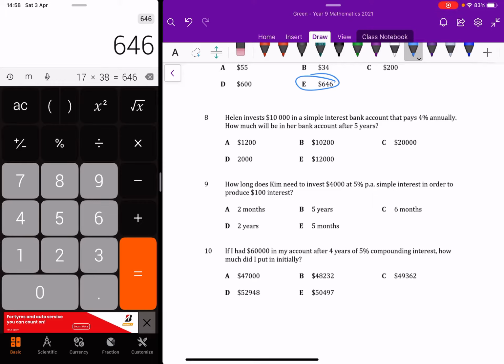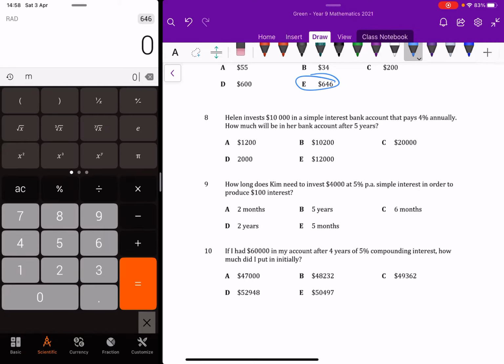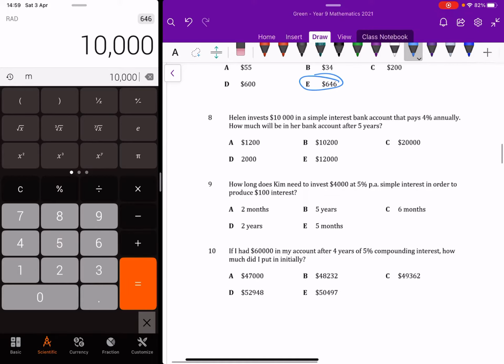So if she invests $10,000 in a simple interest account that pays 4% annually, well, this is where we need to get out my slightly better calculator. So I'm pulling out my scientific one here. So we've got 10,000, and it's going to pay 4% annually after 5 years. So what we're actually going to do is 10,000 times by 1.04.